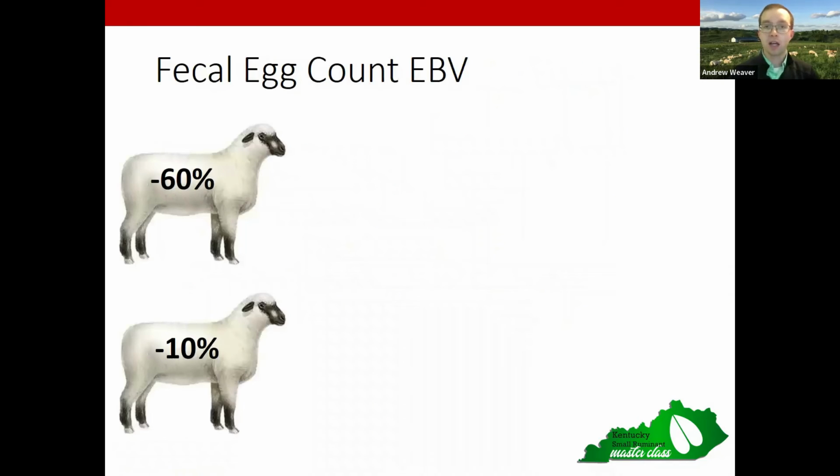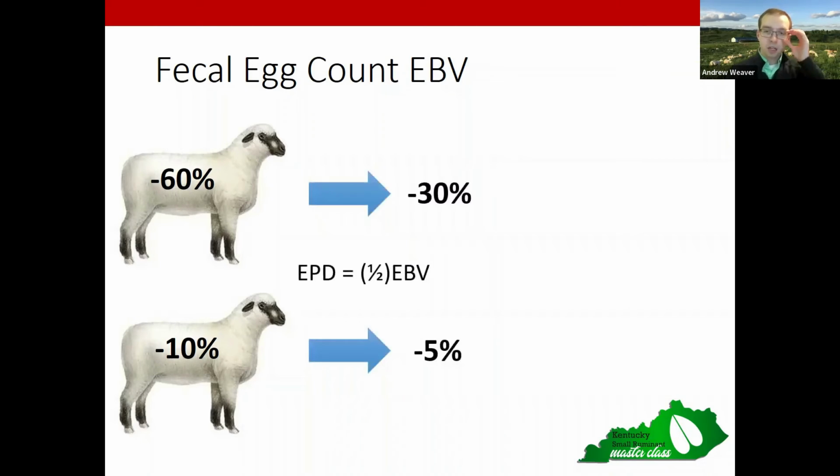As an example of the fecal egg count estimated breeding value, we have two rams here. The ram on the top has a fecal egg count estimated breeding value of negative 60%. The ram on the bottom has a fecal egg count estimated breeding value of negative 10%. Because an individual only passes half of their genetic material to the offspring, the progeny of ram A would be negative 30%.